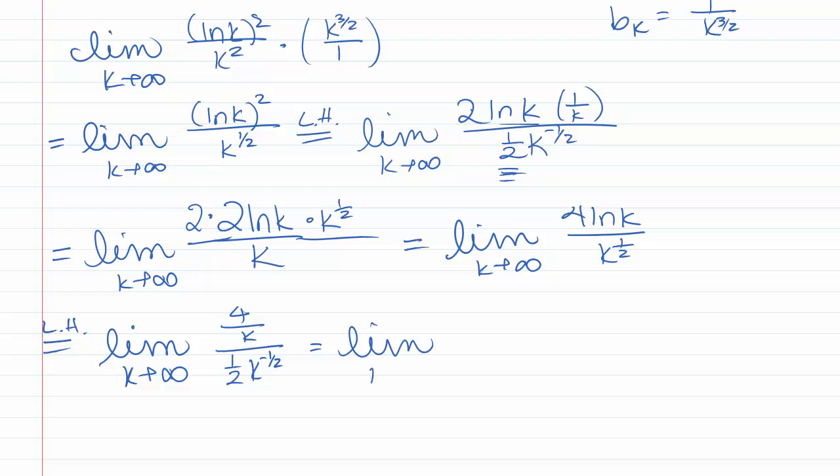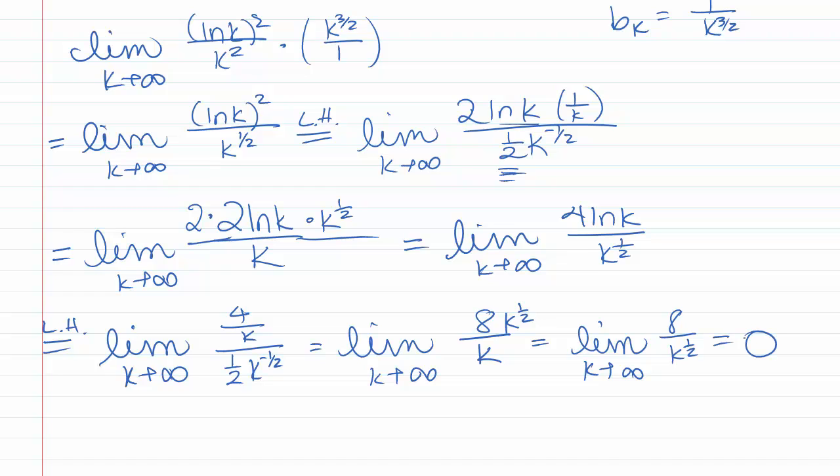And rewriting that, we get limit as k goes to infinity of 8 over, well, the k from the top is going in the bottom, and the k to the negative 1 half in the bottom is going to the top. And simplifying that, we get limit as k goes to infinity of 8 over k to the half, which goes to 0.